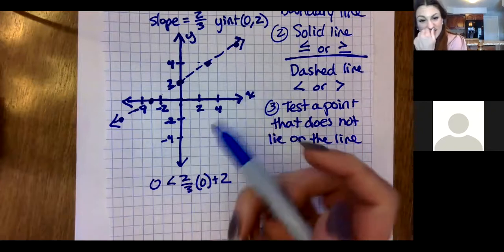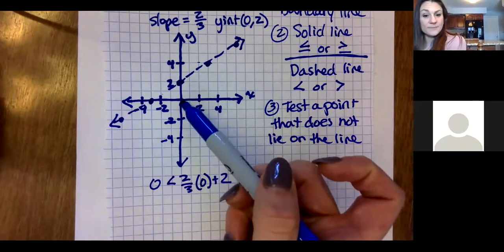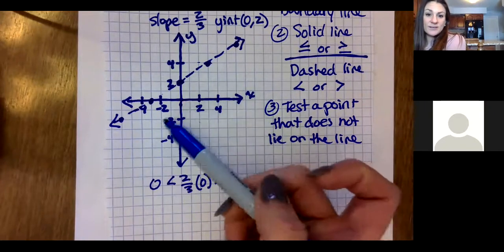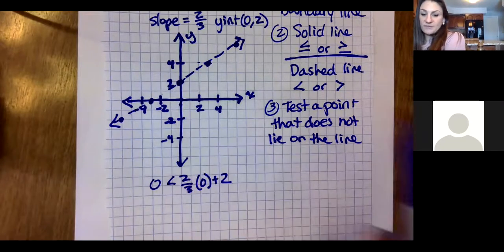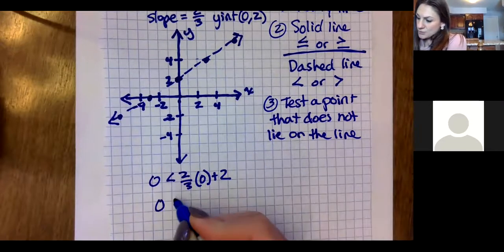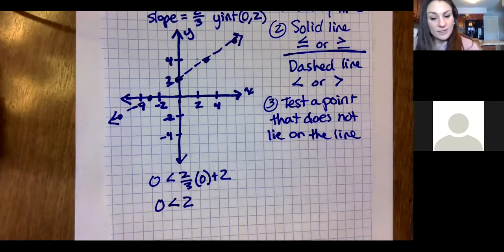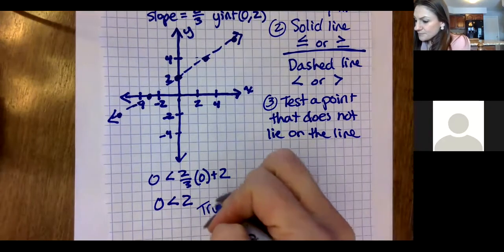I can test 0, 0 because it doesn't lie on the line. And it'll tell me whether to shade below or above based on whether or not it is true or false. So is 0 less than 2? Yes, it's true.